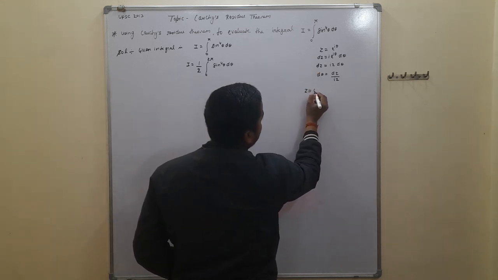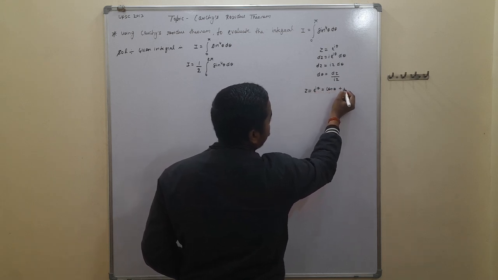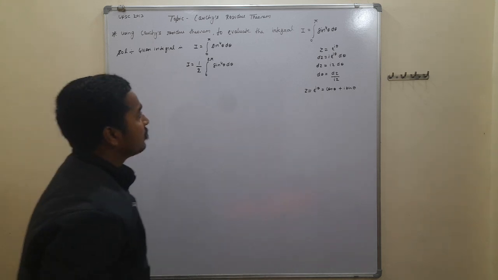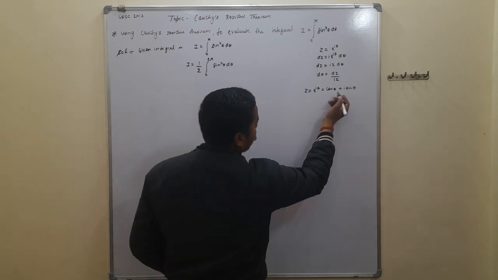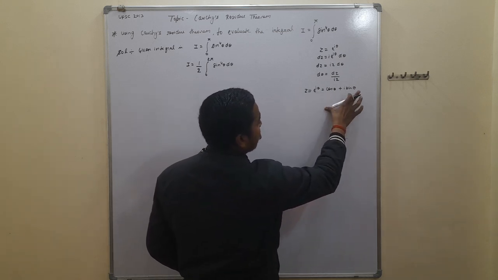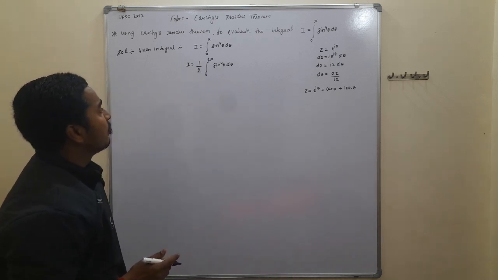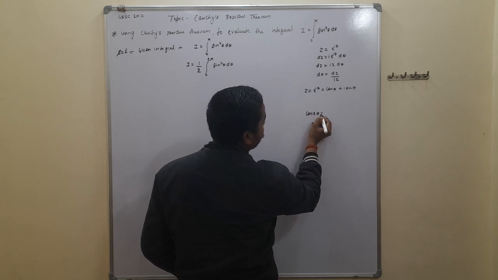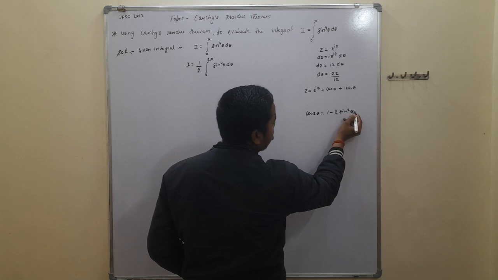z is equal to e to the power of i theta, written as cos theta plus i sin theta. When we solve using Cauchy residue theorem, we only consider the real part of the given problem. So e to the power i theta is equal to cos theta plus i sin theta, and further we know by the trigonometric formula that cos 2 theta is equal to 1 minus 2 sin square theta.